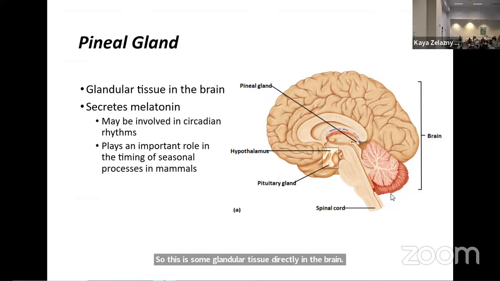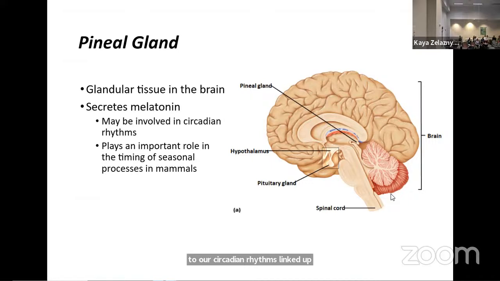You've probably heard of melatonin before because they sell it over the counter all the time. People take it when they're having trouble sleeping or suffering from jet lag, because melatonin is thought to be involved with our light dark cycles, our perception of light, and therefore linked to our circadian rhythms and our sleeping patterns.